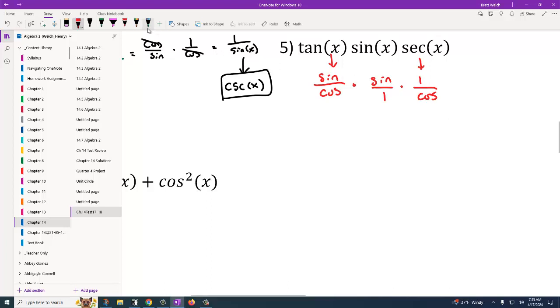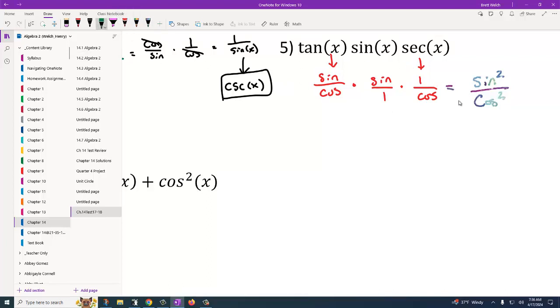I look for things that cancel, but this sine is not going to cancel the sine over here because they're not top to bottom. So that means I'm going to multiply straight through. Sine times 1 is sine squared over cosine times 1 times cosine is cosine squared. Oops, that wasn't very good.